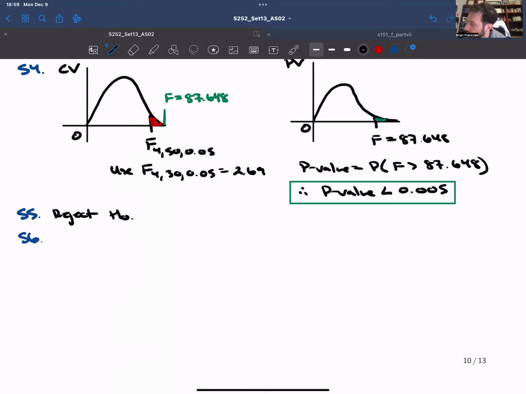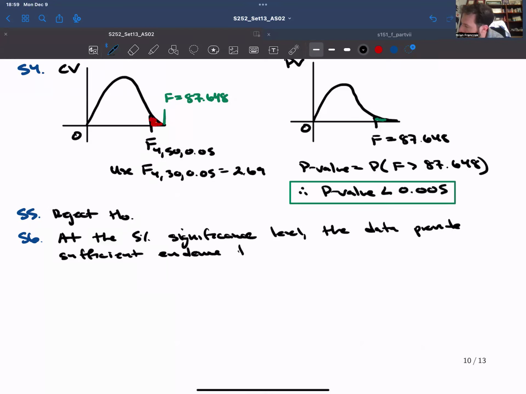And then we can write at the 5% significance level, the data provide sufficient evidence to suggest that the model is useful. All right.